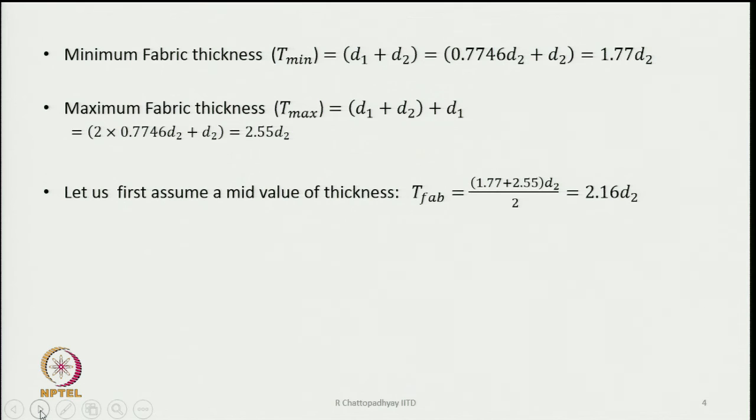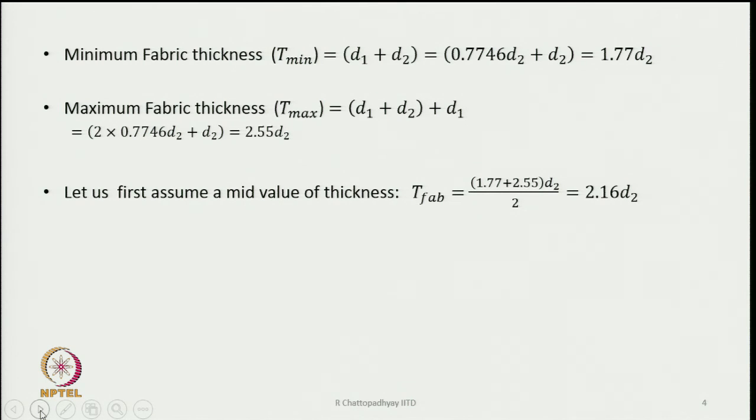Let us assume a mid value of thickness to start with, because we do not know how much the compression is going to be, what the final exact thickness value of the yarns is going to be, because after the fabric is woven the yarns get compressed and they take mostly an elliptical shape, and based on that the thickness is decided.